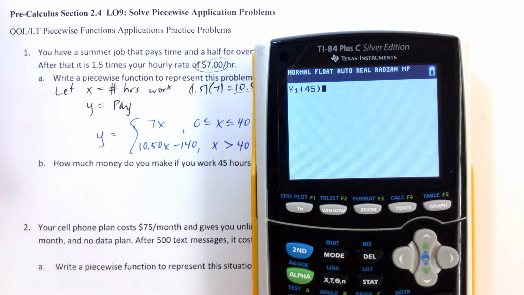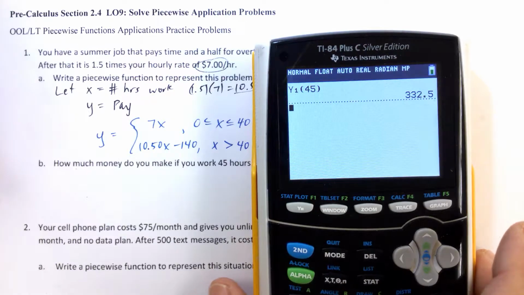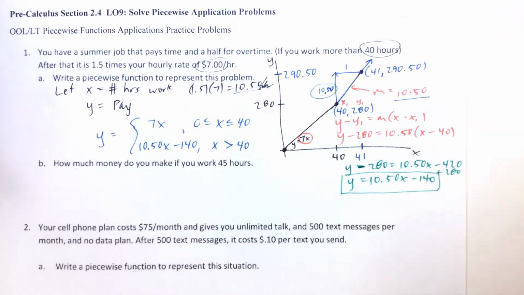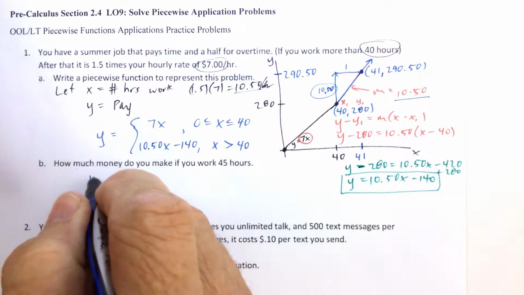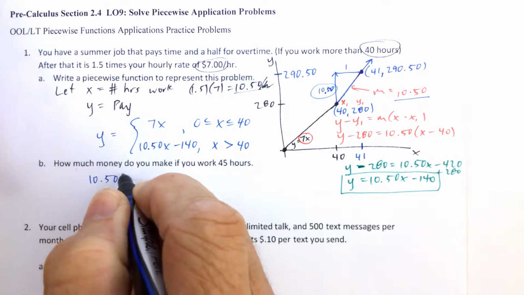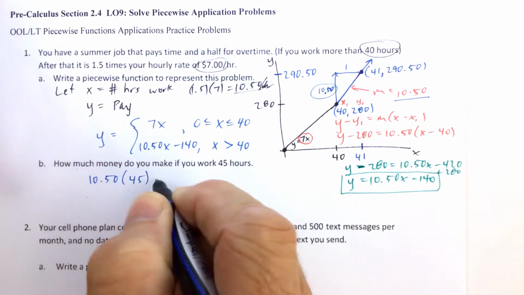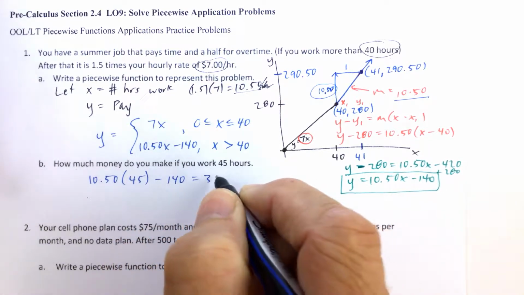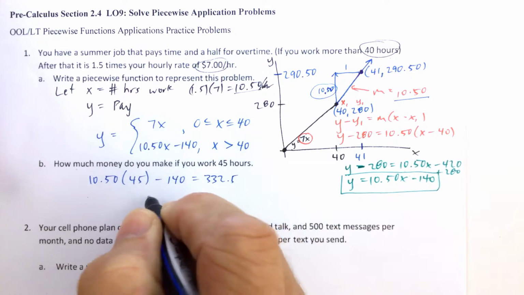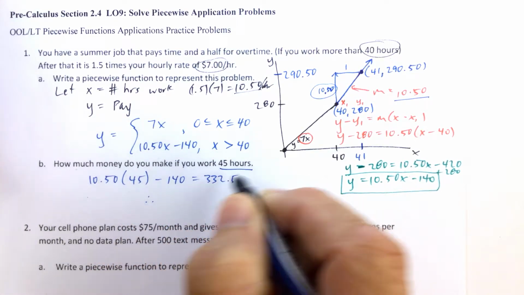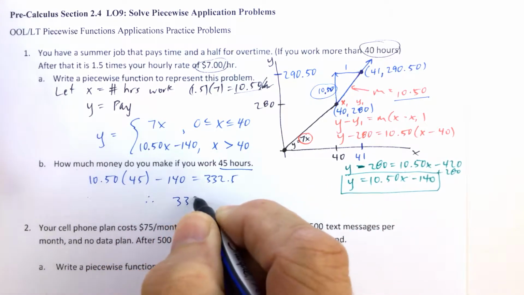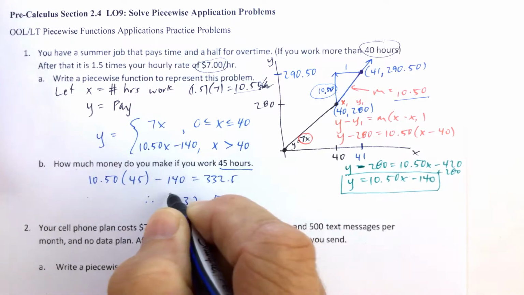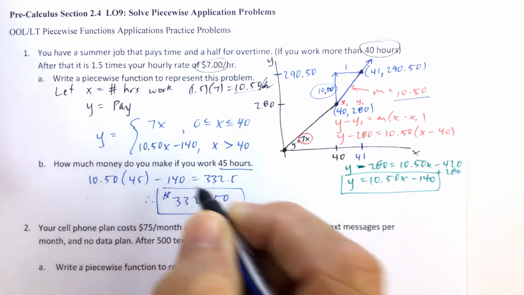So I put y1 on the screen, parentheses 45, enter, and I get 332.5. That means 10.50 times 45 minus 140 is equal to 332.5. Therefore, if you work 45 hours, you'll make $332.50. And that's the answer for part B.